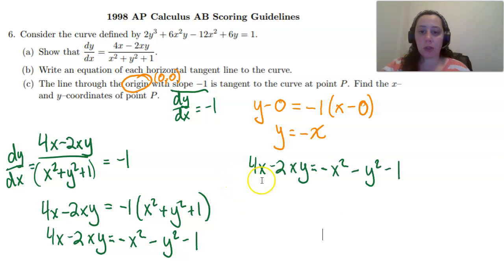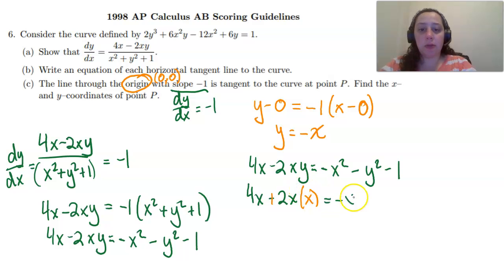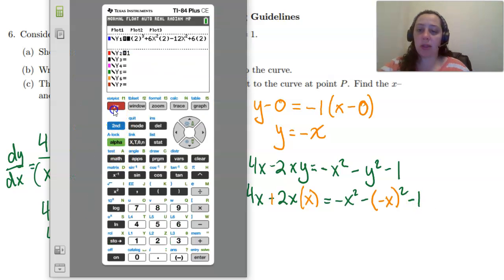So here's this equation again, and anytime I have y, I'm going to change it to -x. Here I have y times -x, so I'm just going to change that sign and put that x in there, equals -x squared minus, here I have y again, -x squared minus 1. So now let me put this in my calculator for x plus 2x squared. X times x is x squared.